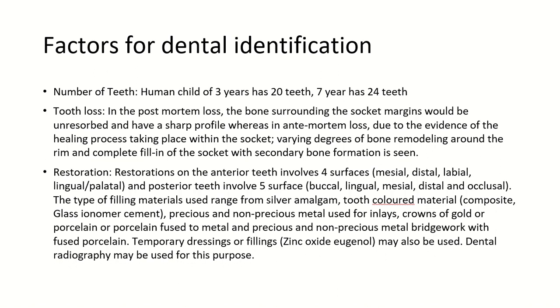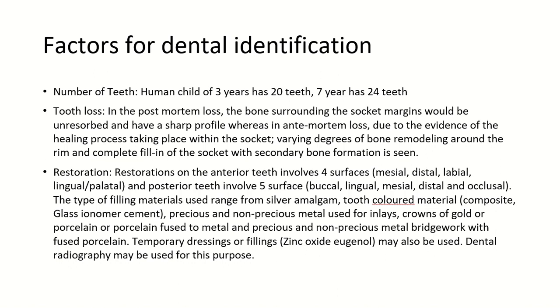Then there is restoration. The restoration on the anterior teeth involves 4 surfaces: mesial, distal, labial and lingual. Posterior teeth involve 5 surfaces: buccal, lingual, mesial, distal and occlusal. We should also look for the type of filling material used.